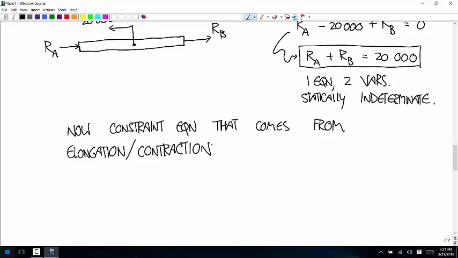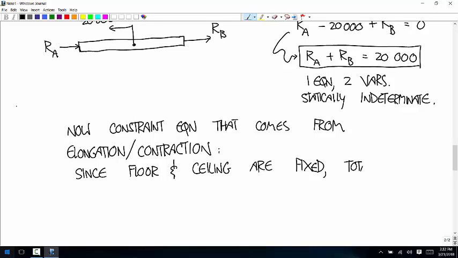In this case, since the floor and ceiling are fixed, the total elongation, what did I call that before? U. Well, I guess I'm going to call it delta. Due to tension compression, has to be equal to 0.